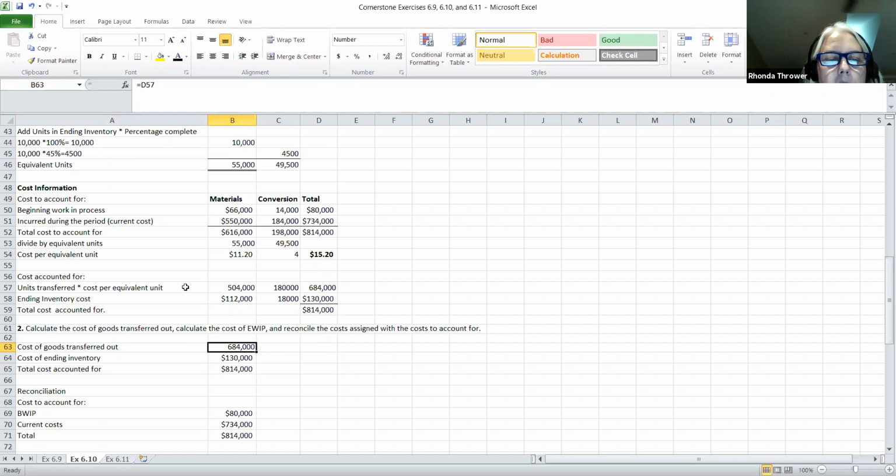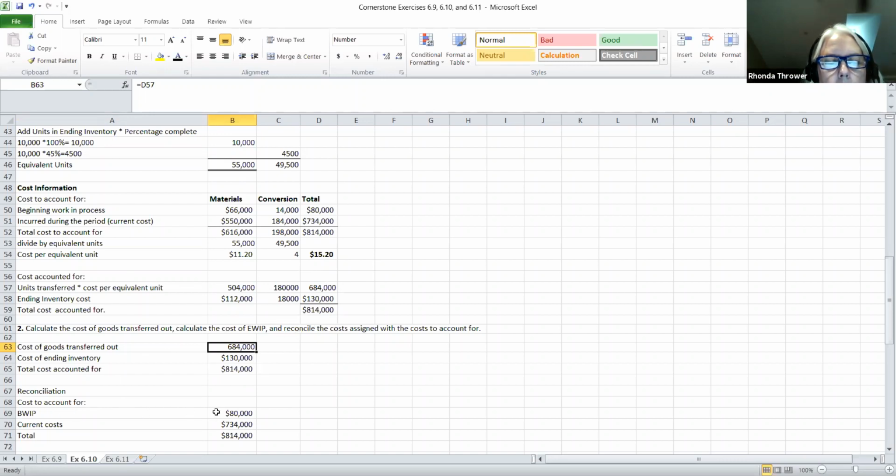So I'm requiring you to do the cost of production report, because if you do that, then it's easy to pick out what the costs are for this period of time. And notice they also wanted you to pick up the cost to account for.